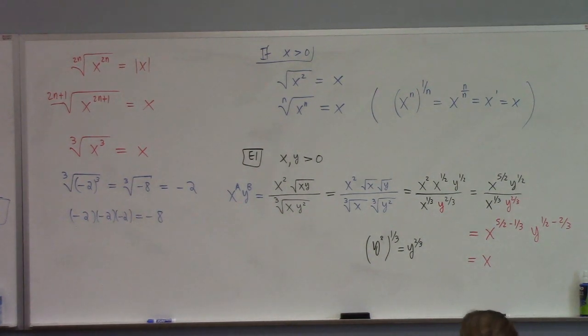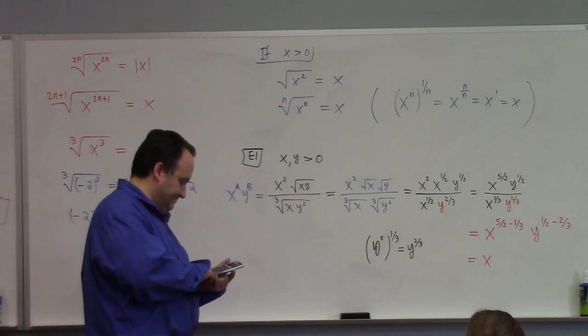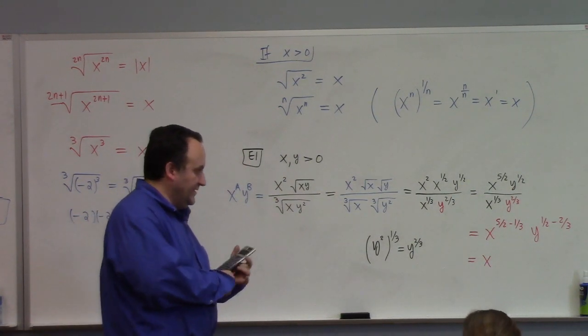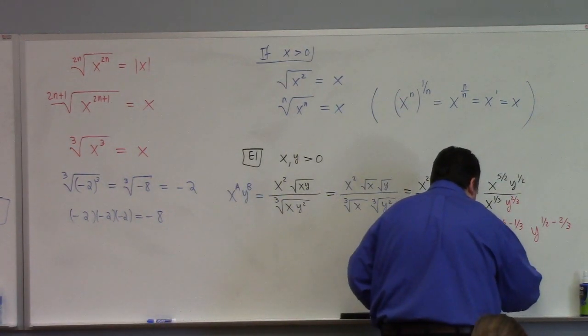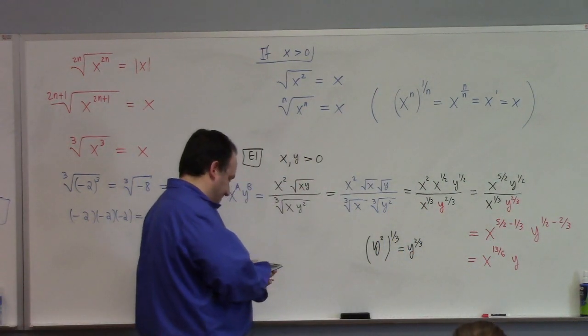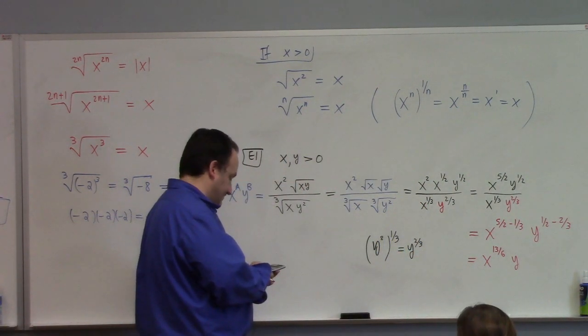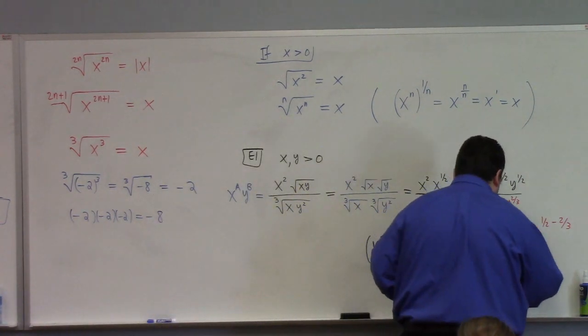All right, so let's work it out here. 5/2 minus 1/3 is what? You got yourself a 13/6 on the x power. And 1/2 minus 2/3 is, what is that? You are correct, minus 1/6.